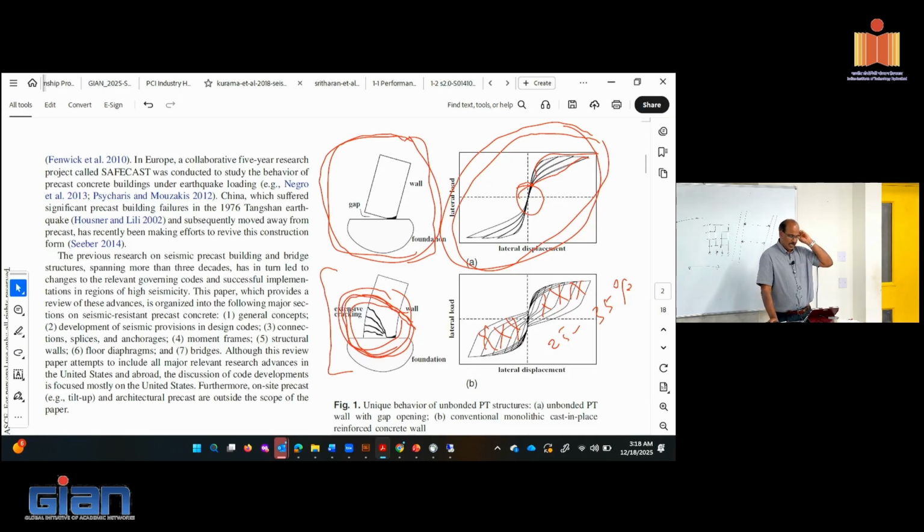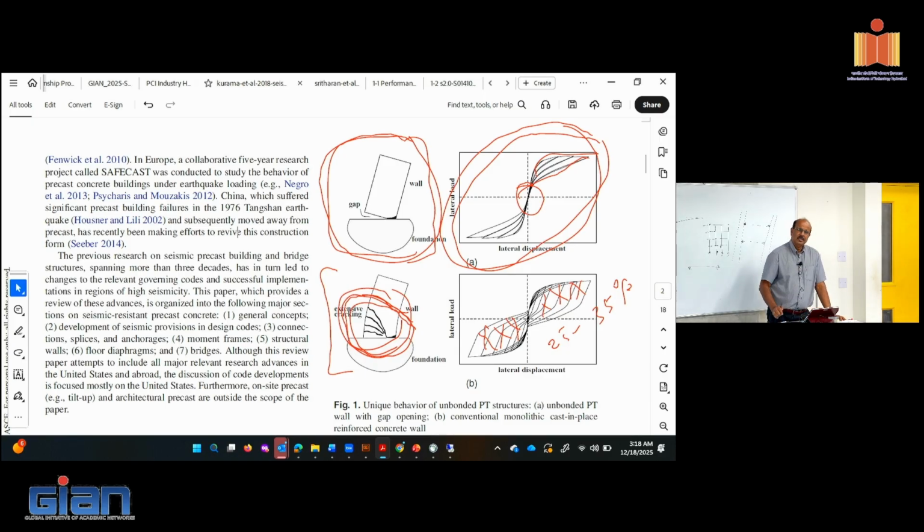But if you rely purely on free rocking, if the earthquake happens to be significantly large or the energy content coincides with the period of that free rocking body, then you may run into other problems. So you have to control somehow how far the rocking can take place. So the concept was taken into the precast world for seismic application.